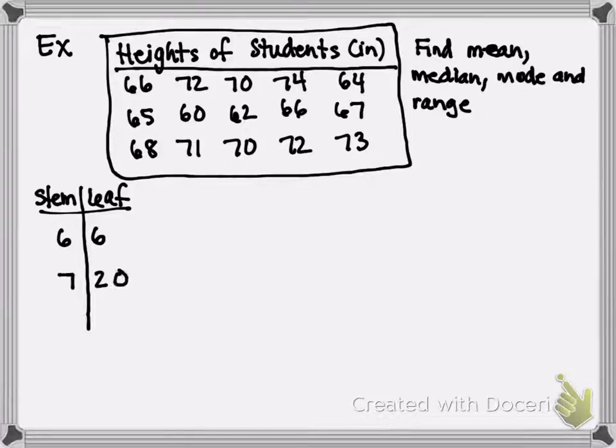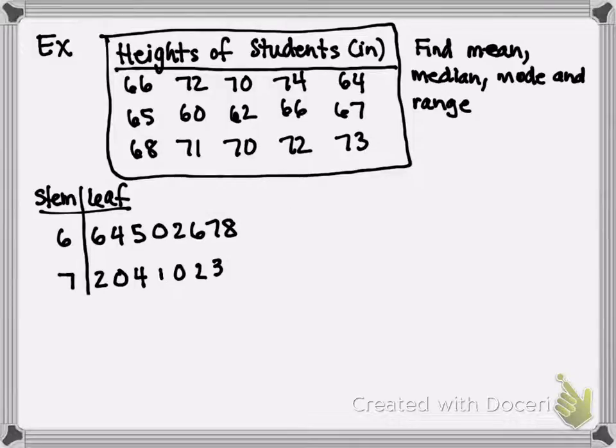We have a 70, 74, 64, 65, 60, 62, 66, 67, 68, 71, 70, 72, 73. So that's my first round: I plot them out by their 6s and their 7s, their 60s and their 70s.